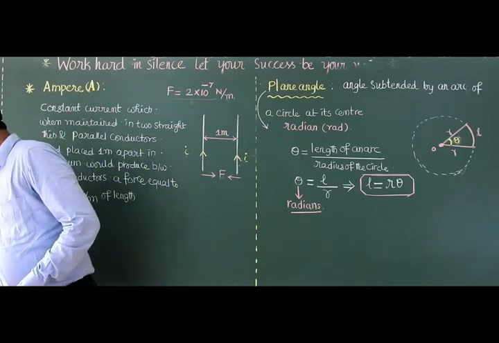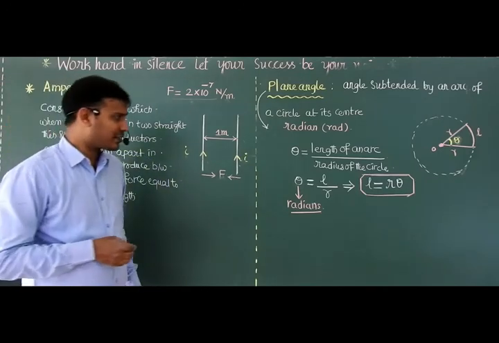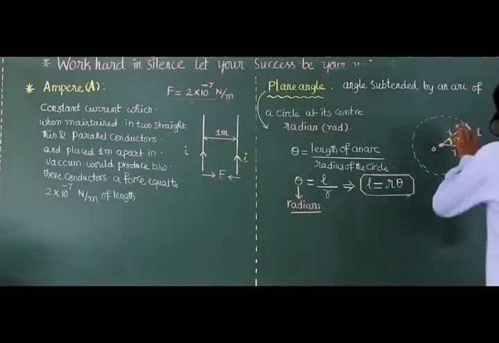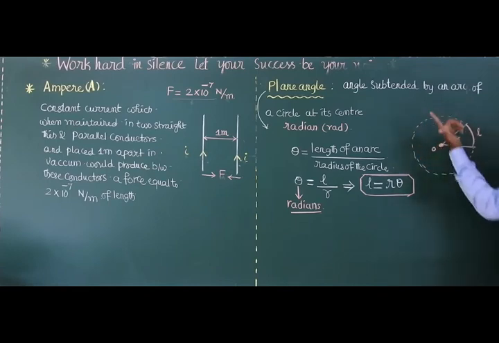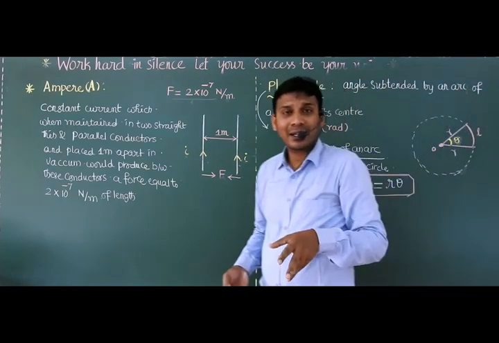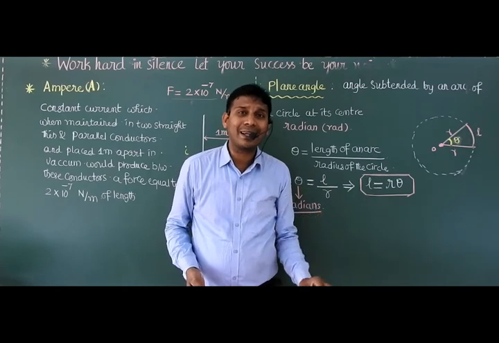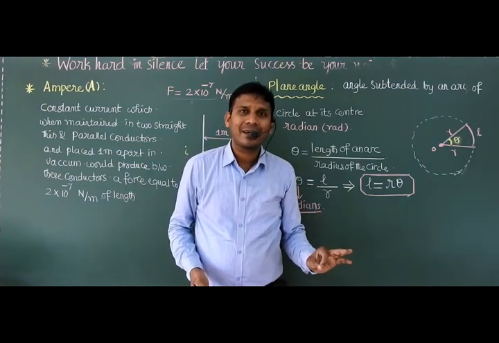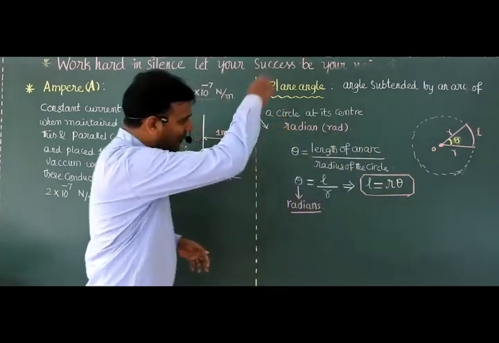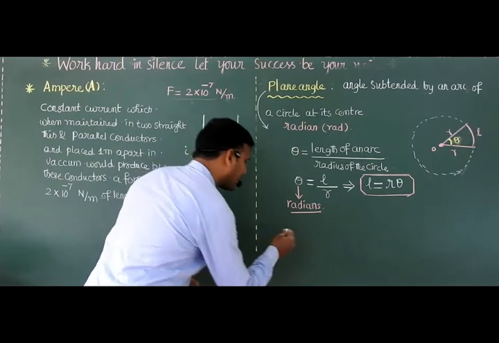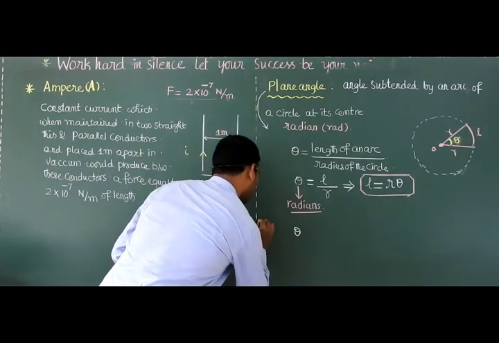Okay, the next question is: for only this much length of an arc, the angle subtended is theta. Then for a complete circle, what is the total plane angle subtended?